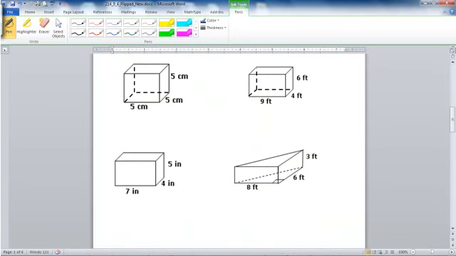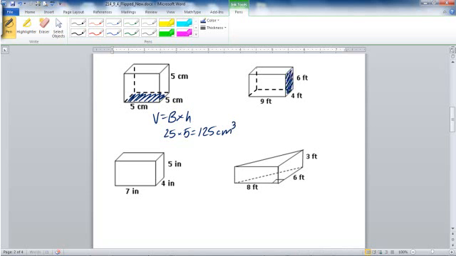We'll try a couple more. Area of the base. Sometimes it helps to shade in the base like that, so I know the area of the base is 25 times my height, which is also 5, so we've got a cube right there, so 125 centimeters cubed. Now we've learned from our surface areas that sometimes my base is this one right here.